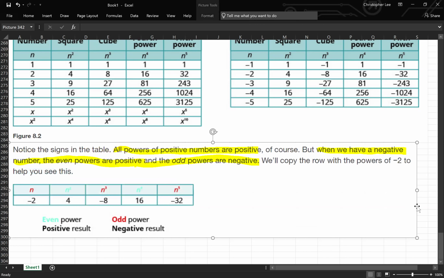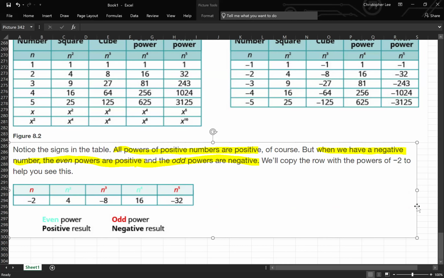All right, notice the signs in the table. All powers of positive numbers are positive, of course, but when we have a negative number, the even powers are positive and the odd powers are negative. So we'll copy the row of the powers of -2 to help. See this. If n is -2, when I square, the -2 becomes 4.